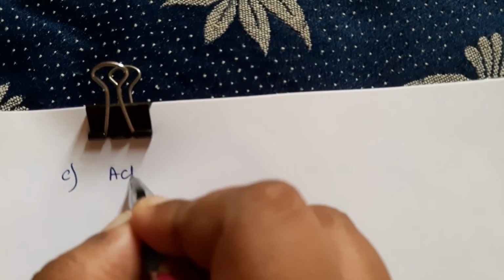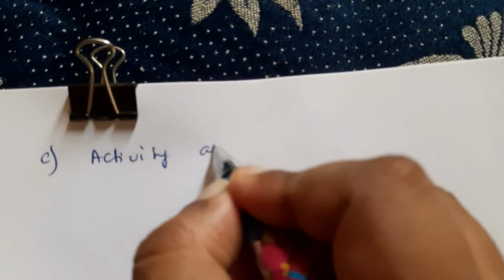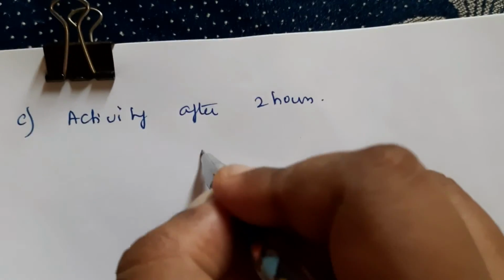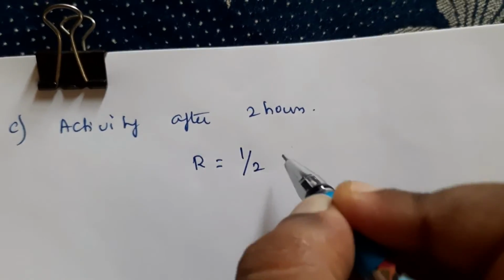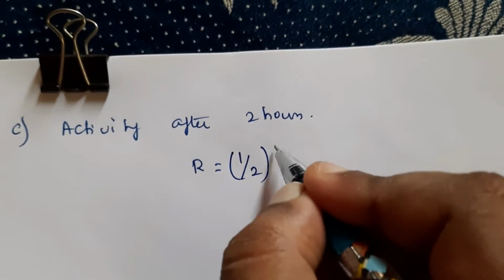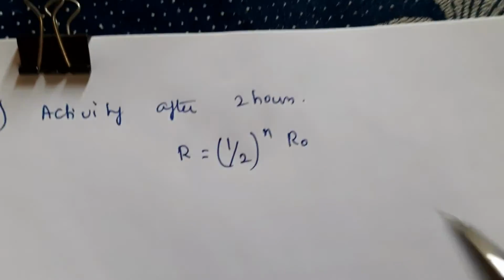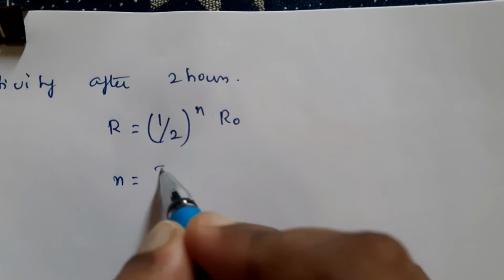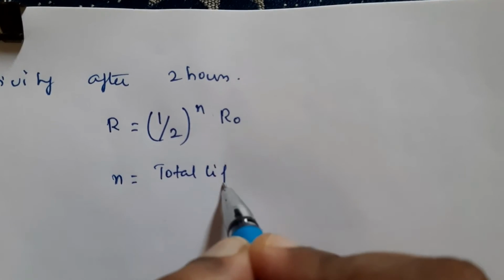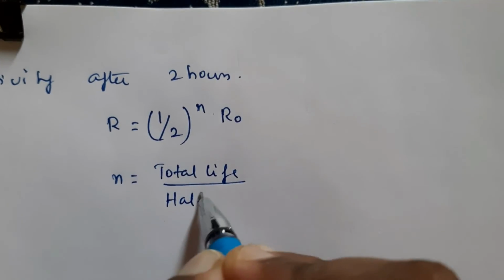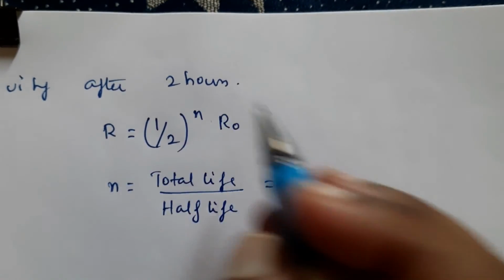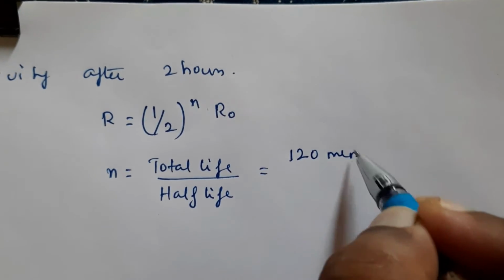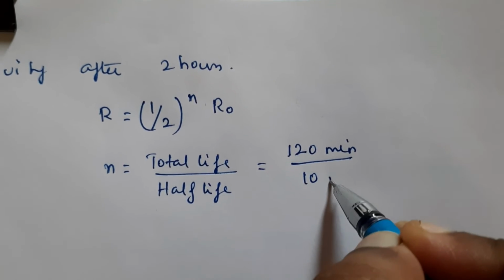Now we have to find out the activity after 2 hours. For that we use the formula R is equal to 1 by 2 the whole raised to n into R0. Now we have to find n. n is equal to total time by half life. Here the total time is 2 hours, which is 120 minutes, and the half life is 10 minutes.